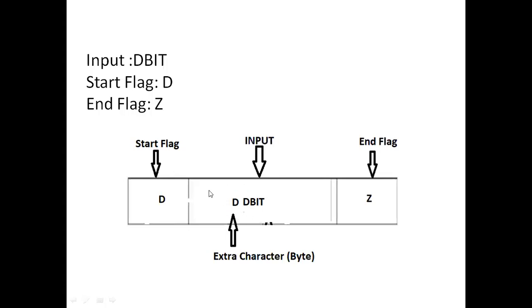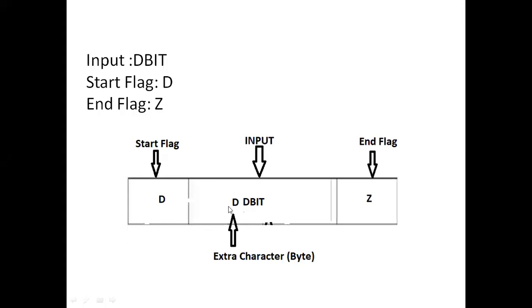Can you see, apart from the D which is the start flag and the D which is part of the input data, to differentiate these two characters we insert one more character which is the same as the flag. If you make such an arrangement, upon receiving this set of characters the receiver will know the difference between the flag and the character if it receives successive characters.